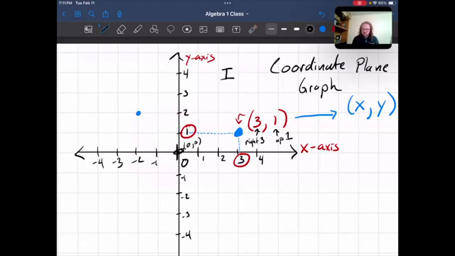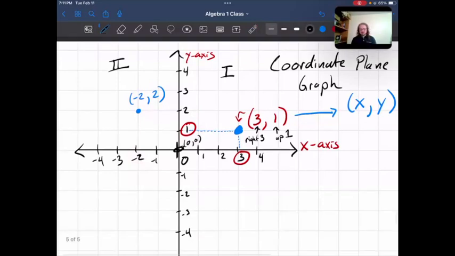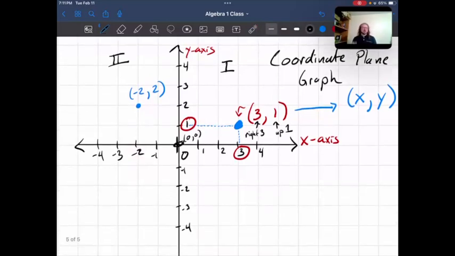So this point is -2, 2, because we put the x value first, which was -2. Sorry, my handwriting wasn't great on that. And then we put the y value, which is 2. And this is quadrant 2. Don't know why we count them that way, but we do. We just started one place, and then we're going to rotate around.